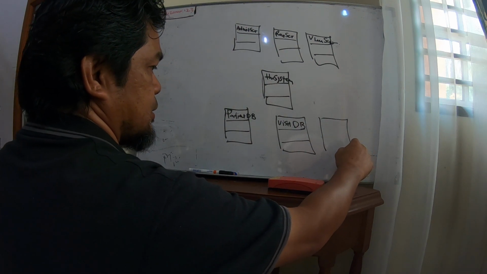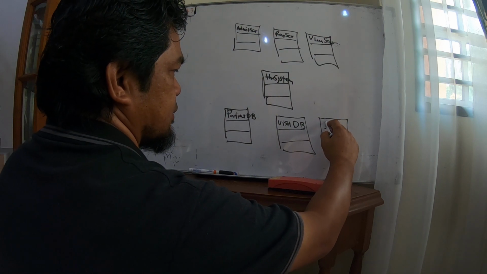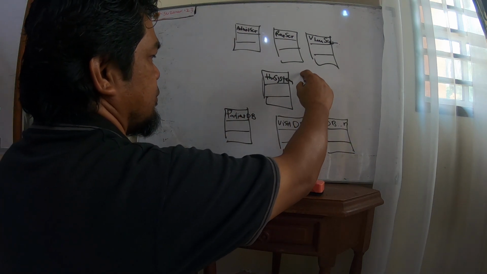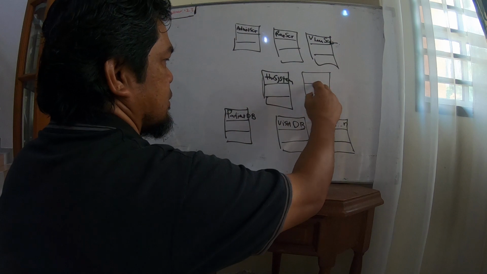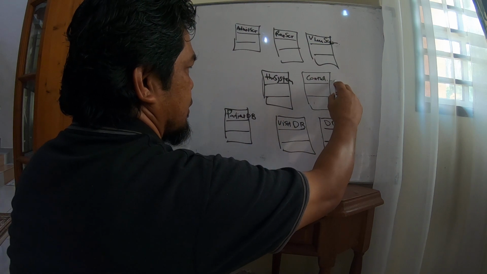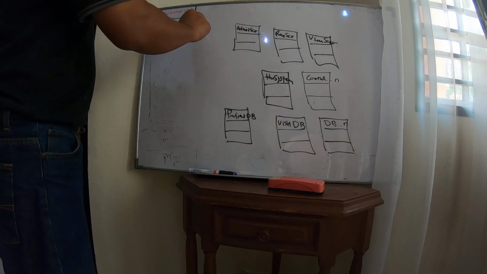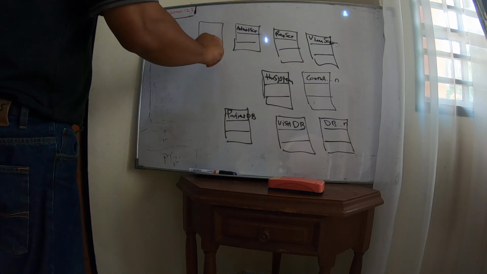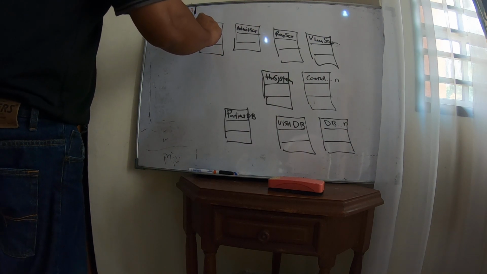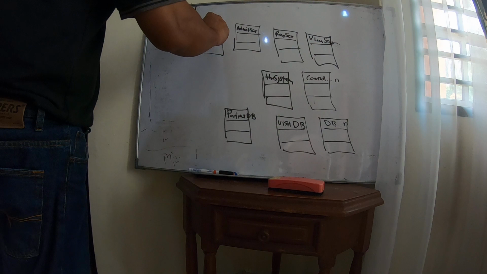I don't know your system, so you know it better than me. Let's say you have a DB n, and then maybe you have several controllers here, controller n, and then you have another user interface, say screen UI n.